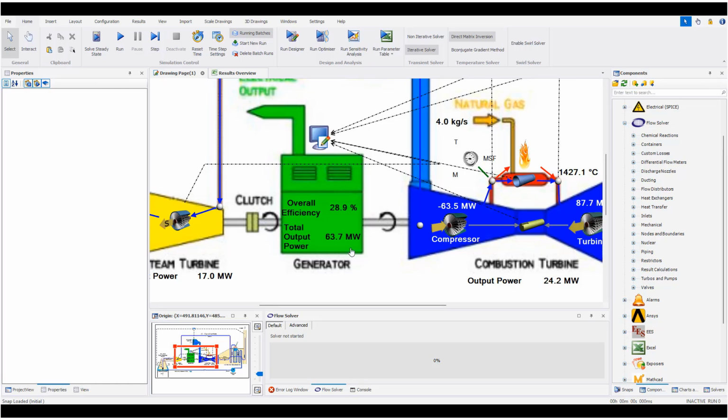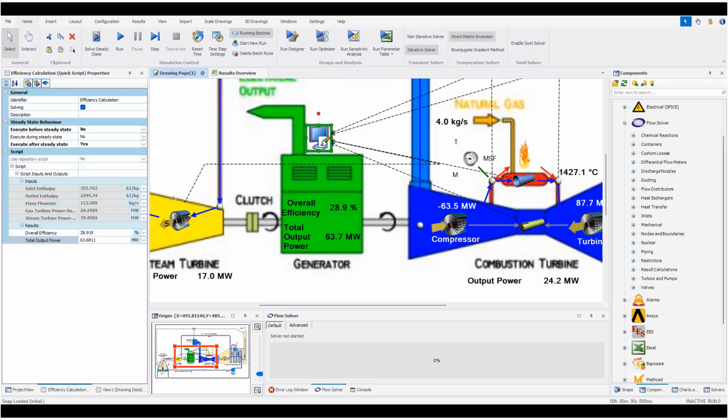Also we have a generator that has a calculator for finding how much is the efficiency and the total power that it receives from the gas turbine and steam turbine. And this is the script, a simple script.